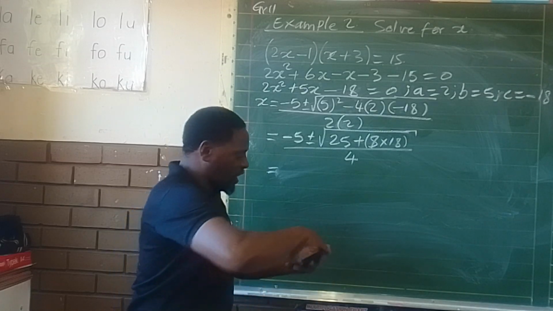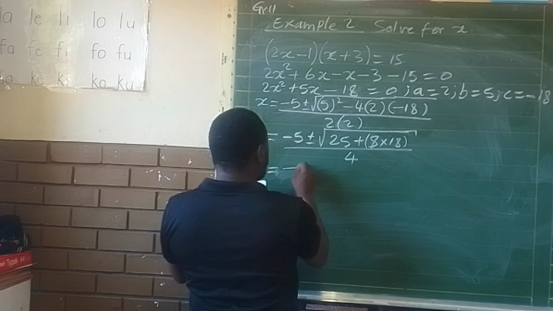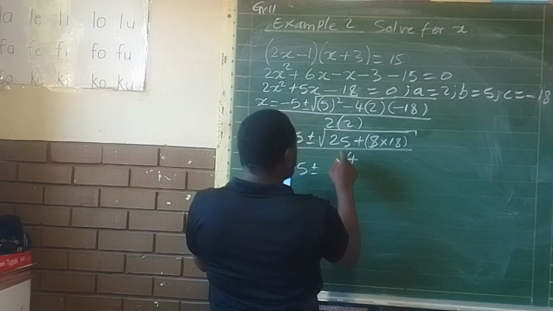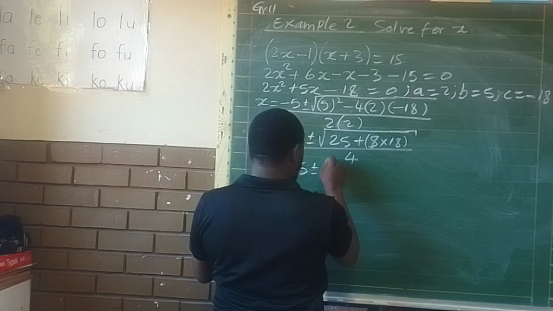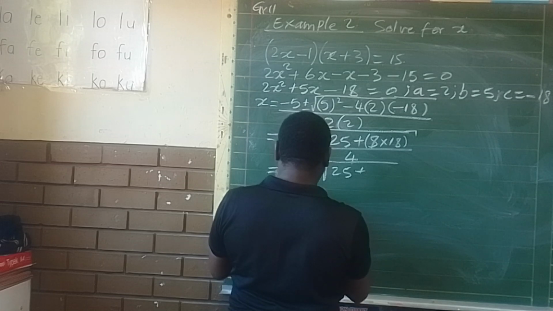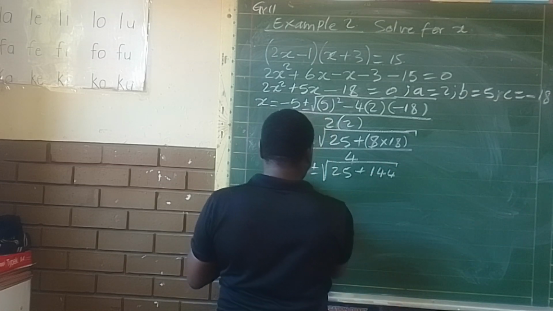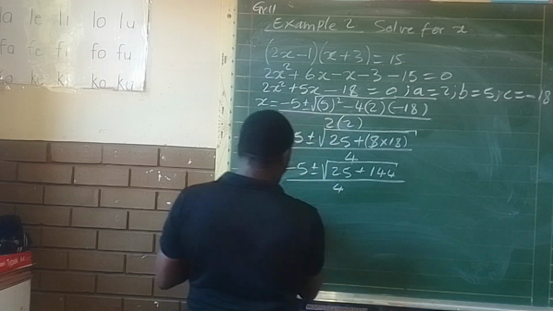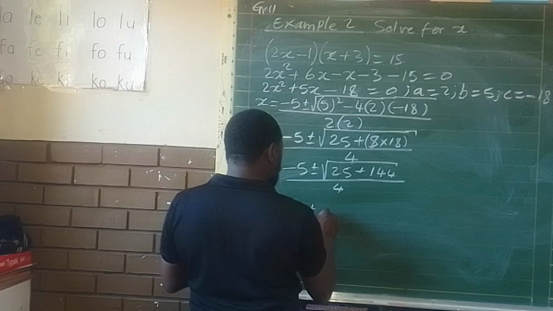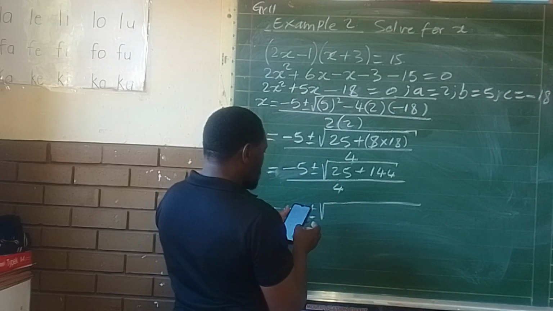If you get your calculator, it's minus 5 plus minus 25 plus 144 divided by 4, which is minus 5 plus minus the square root of 25.